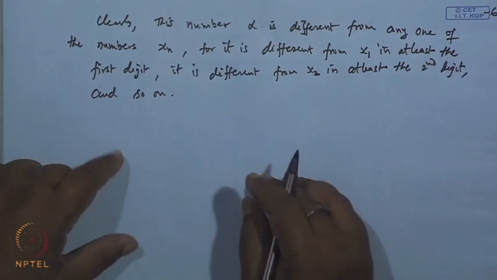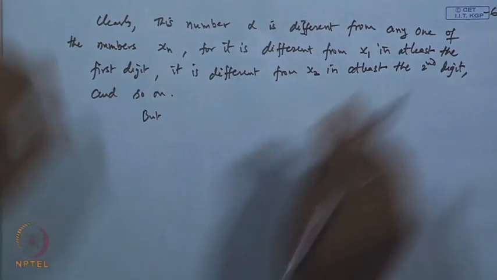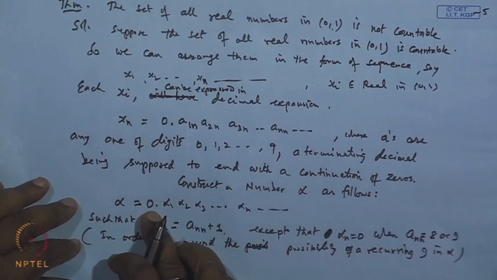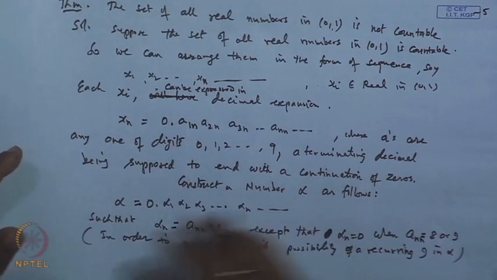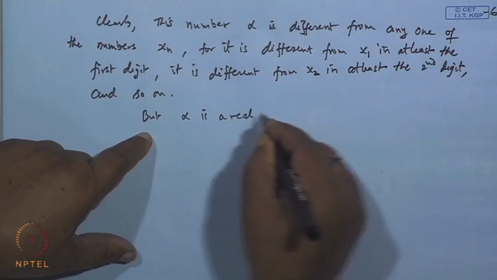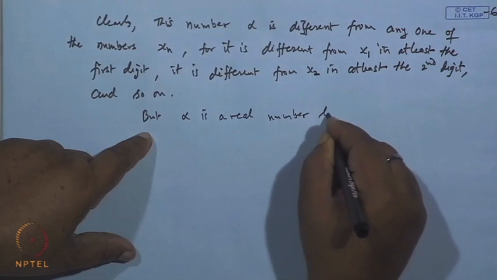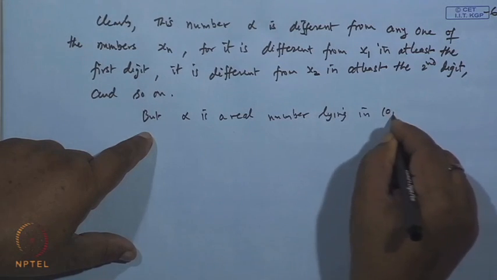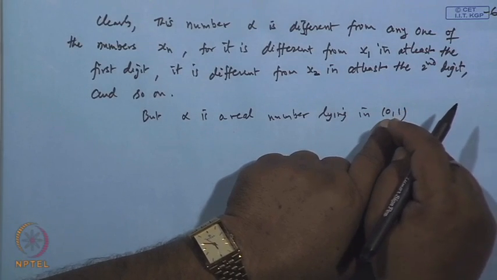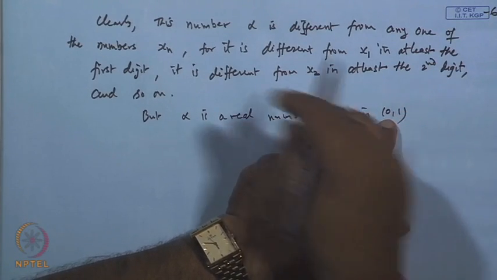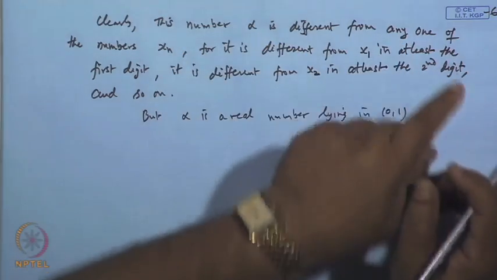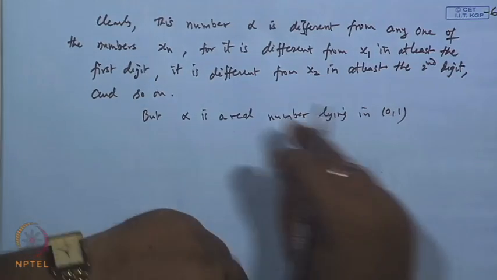So, this way. But alpha is what? Alpha has a decimal expansion where the part before the decimal point is 0, meaning all the terms are less than 1, lying between 0 and 1. So alpha is a real number lying in the interval 0 1, and since we have assumed the set of all real numbers in 0 1 is countable, it can be arranged in the form of a sequence. But this alpha does not coincide with any one of these x n.